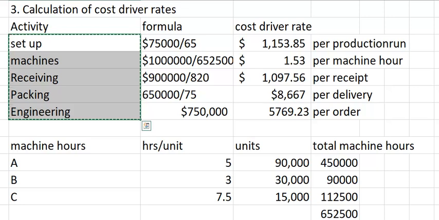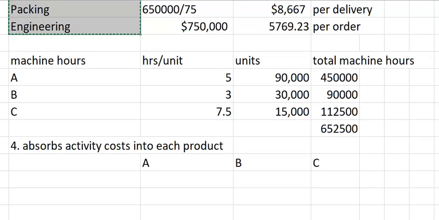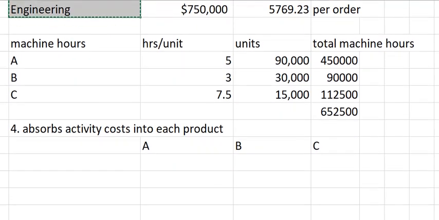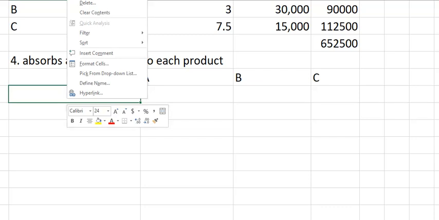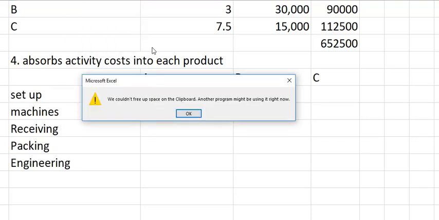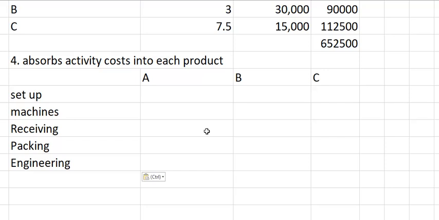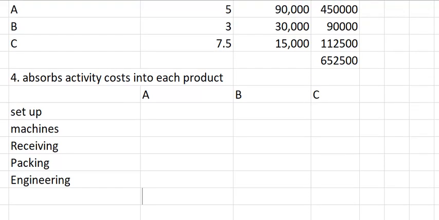So here we ask for collaboration so that we finish as quickly as possible. Okay. So absorb activity costs into each product. Let's start with setup.